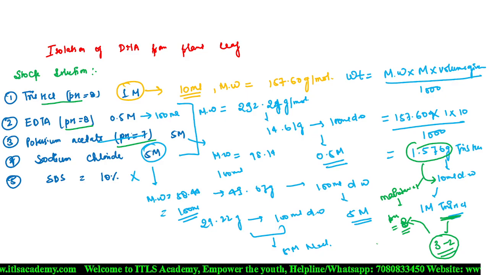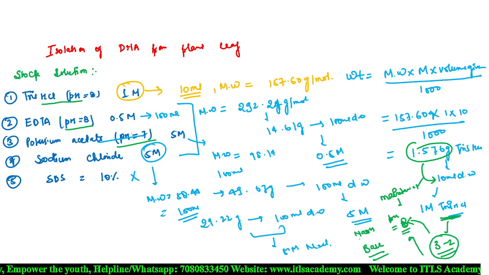For this purpose, you have to add a base into it to increase its pH from 2 or 3 to 8. The base means NaOH. Suppose its pH is more than 8, then in that case you have to add a little acid so that its pH will reduce to 8. Clear? Yes, ma'am.